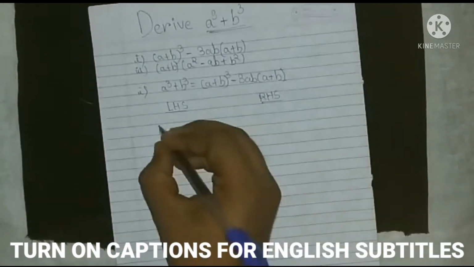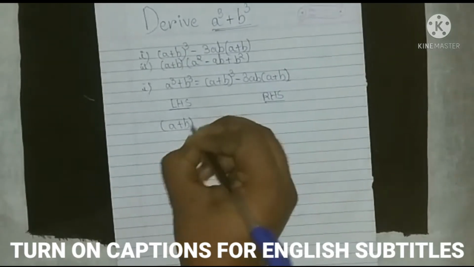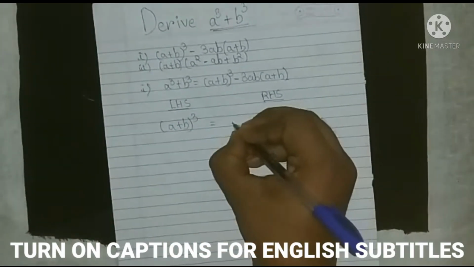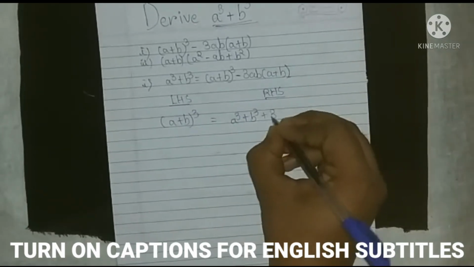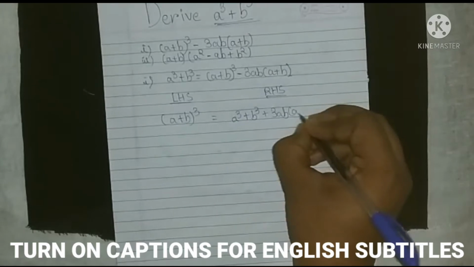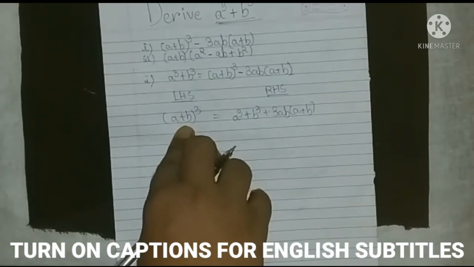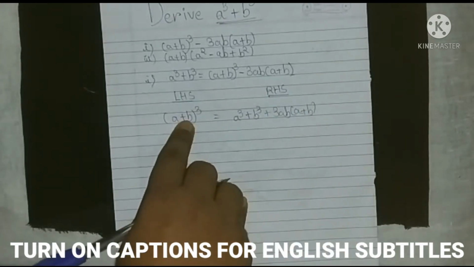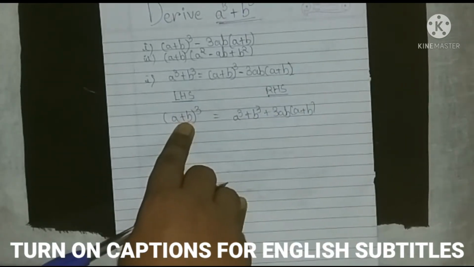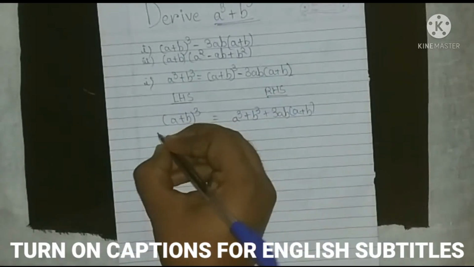In the LHS, I will write (a + b)³ is equal to a³ + b³ + 3ab(a + b). That's the actual formula for (a + b)³, and if you want to derive this one, you just have to multiply (a + b) with another (a + b) twice. So let's do the next step.